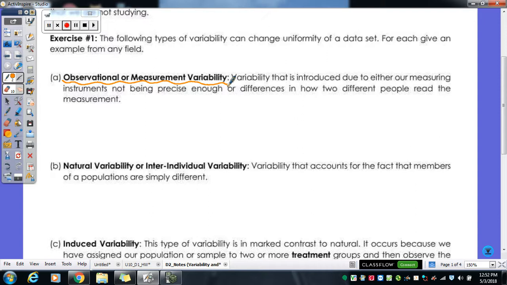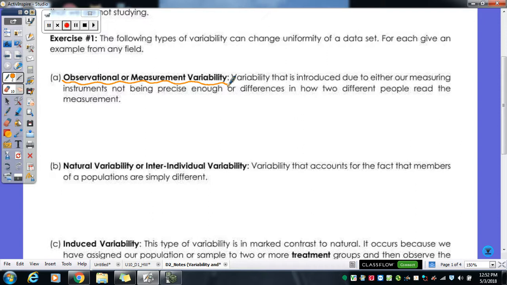or measurement variability. That is variability that's introduced due to our measuring instruments not being precise enough, or differences in how two people read the measurement. For example, let's say you're doing an experiment where you have to time how long it takes for a ball to drop.